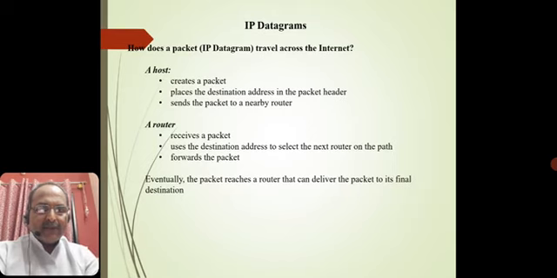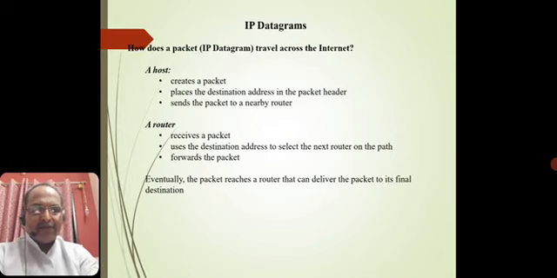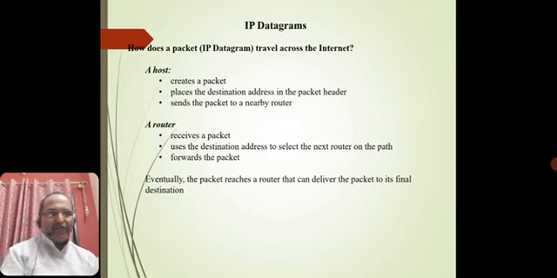Now come back to IP datagrams. How does a packet or IP datagram travel across an internet? What is a datagram? A datagram is a general form of structured data in which the data is isolated in a packing format.